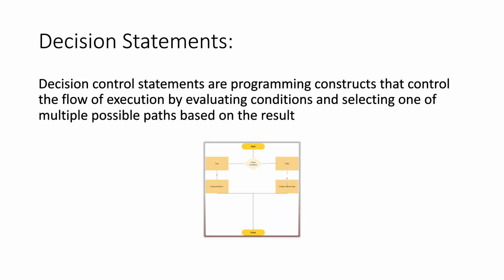In decision control statements, the flow of execution is that we have a decision statement. Let's just say there's this guy, and he is given two options: having ice cream, or going and doing his homework.